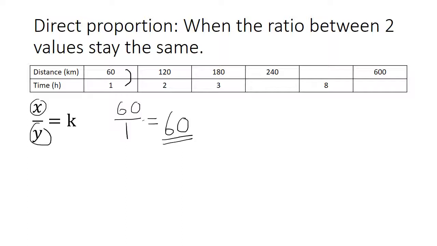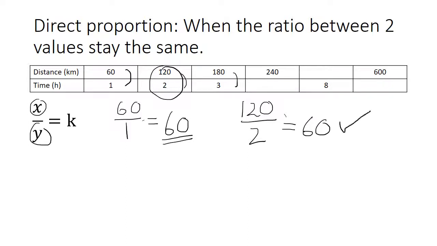If k stays constant for all these numbers, we know that we've got a direct proportion. So we're going to swap out the second one and have a look if we get 60 again. So 120 instead of the x, 2 instead of the y, and 120 divided by 2 is 60. Yes, we got 60, so that means that we've got a direct proportion. Very nice.